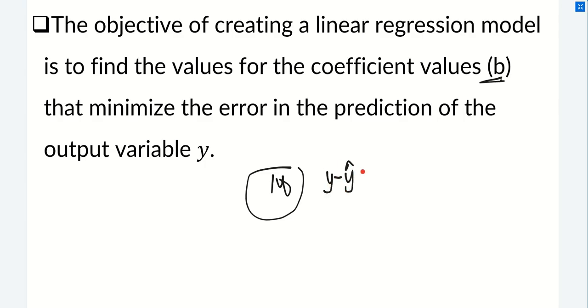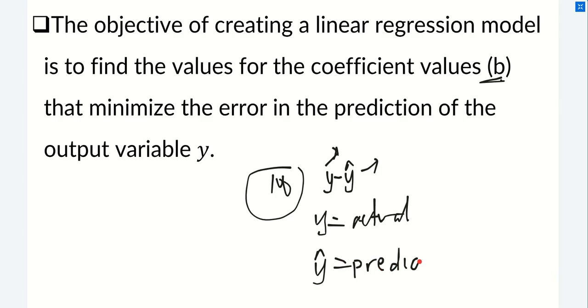This is our actual value. The y we call the actual value, and the y with the hat, the y hat, is the predicted value. Machine learning just boils down to one thing.